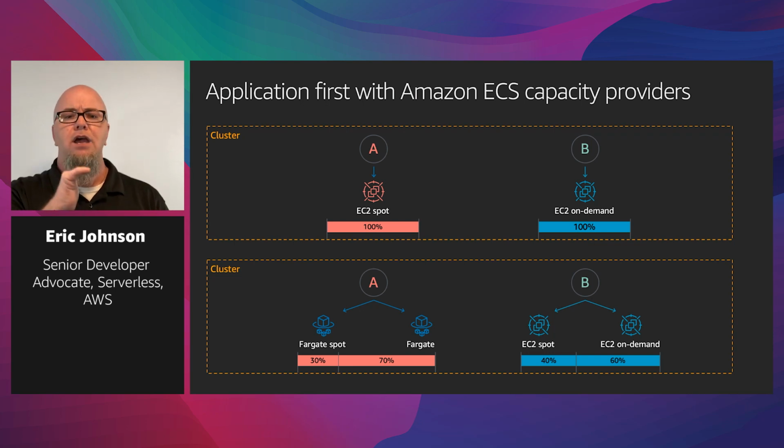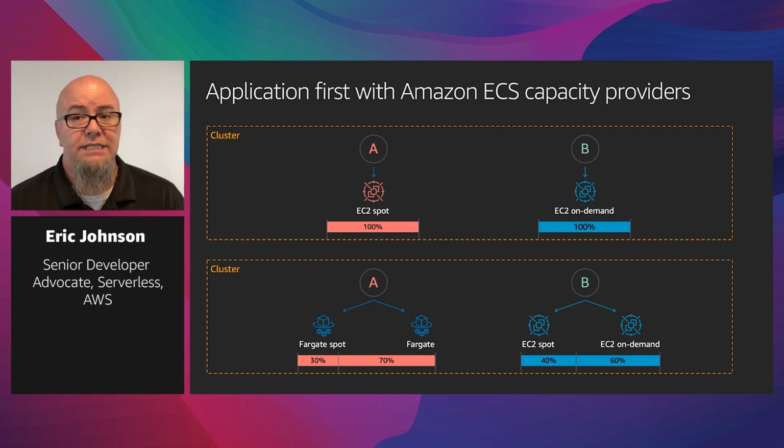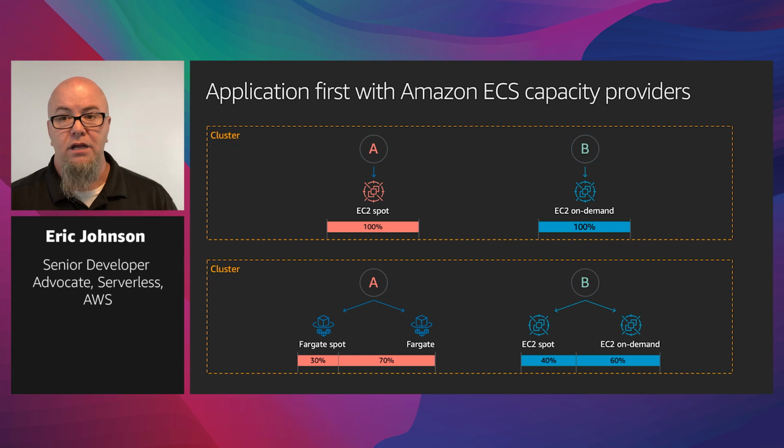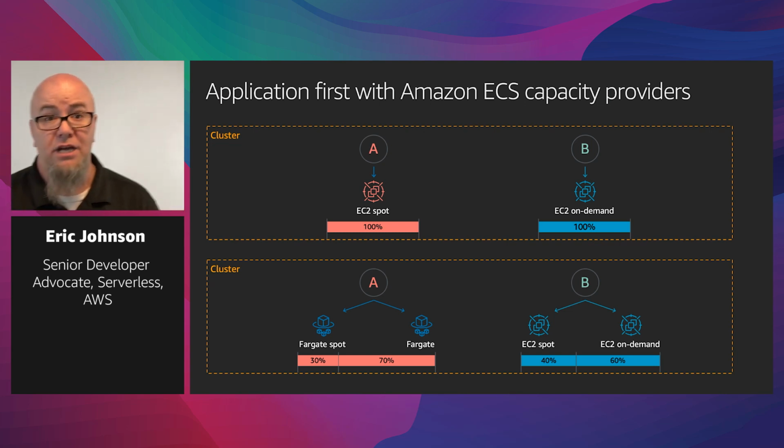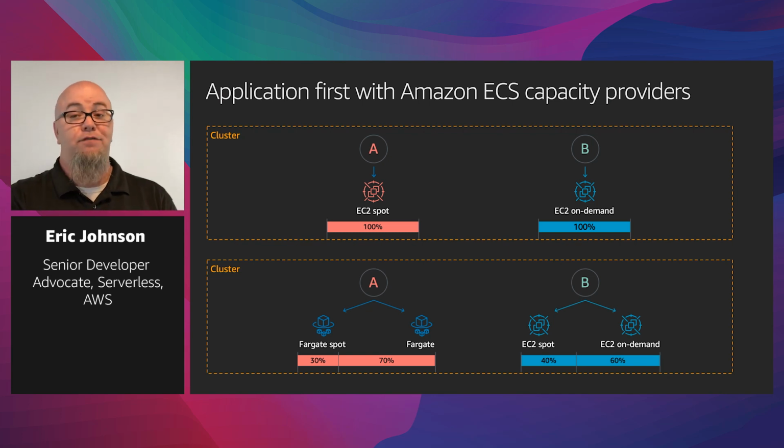Some of this isn't available yet, but looking forward, you would be able to start on EC2, then move to Fargate, and then declare some Spot instances. And then you can use other providers that are in the works, like ECS for Outposts or Wavelength or Local Zone. So what we've done is we've brought that capacity management back to our problem, right? Not your problem. And that's removing some of the accidental complexity.